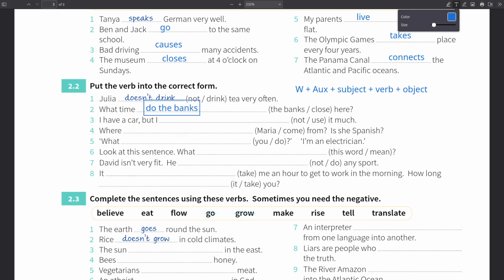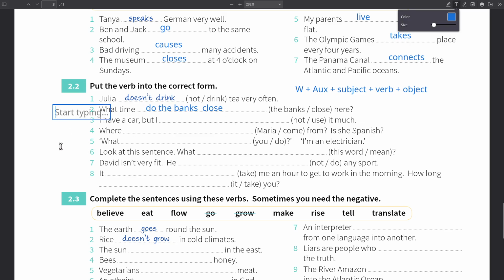What time do the banks close here? We are talking about plural because we are talking about banks, with an s. So because it's plural, we have to use "do", and the verb in its base form.